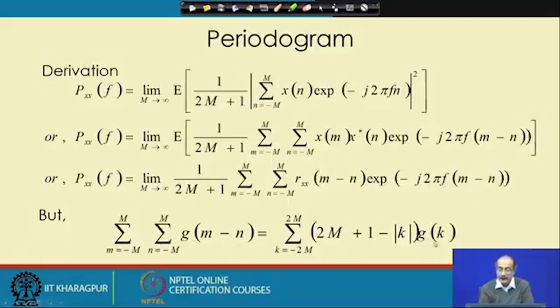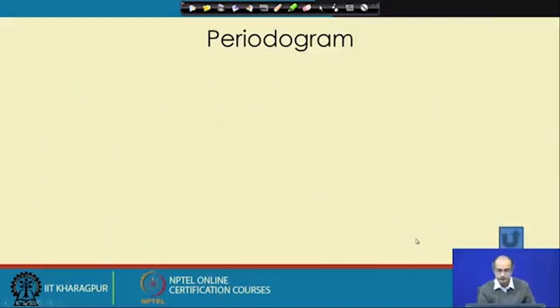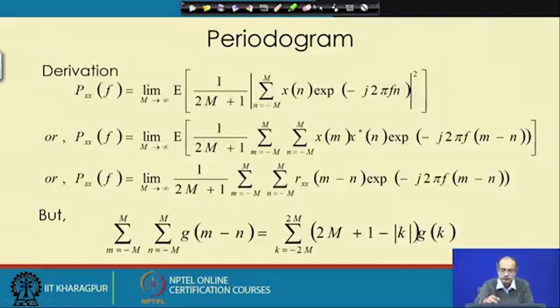So, we replace that part now, that m minus n, we have an index for that, that is given k, and however, this term g k, it is weighted. It is weighted here, that we have a weight, that is 2m plus 1 minus mod k.